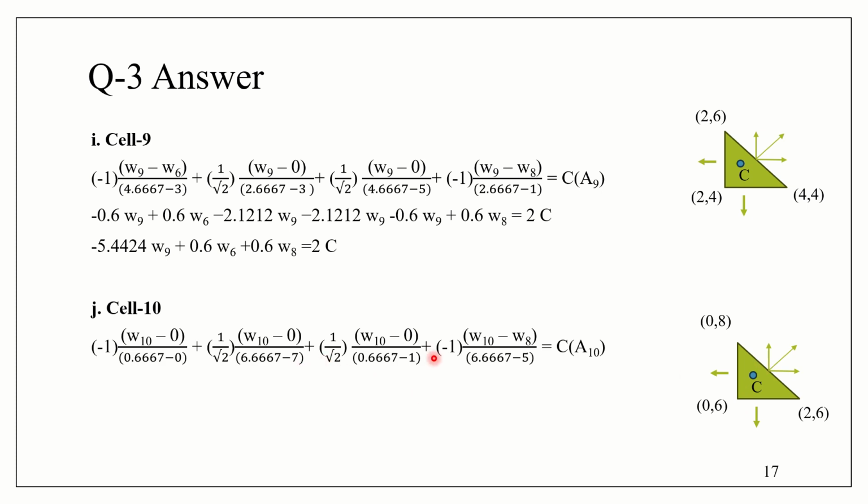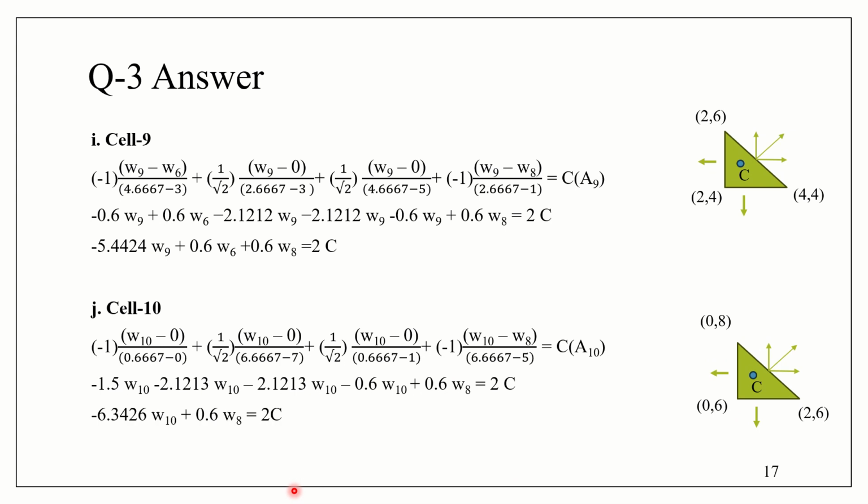You can see that 7 and 1 are used over here, and the centroid is 0.67 comma 6.67. These are for the y and x resolved components, and for this side and that side. We are again calculating minus 1, minus 1, and on simplifying it, we further get one more equation.